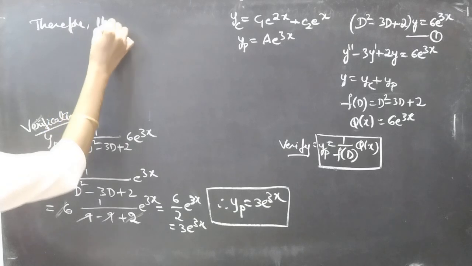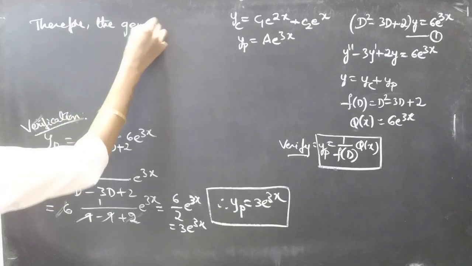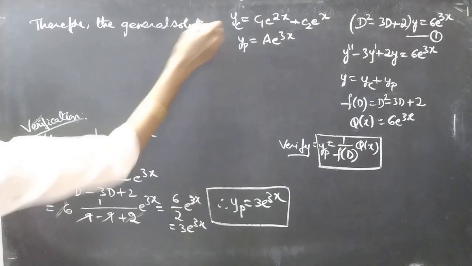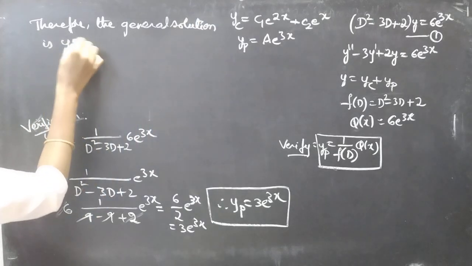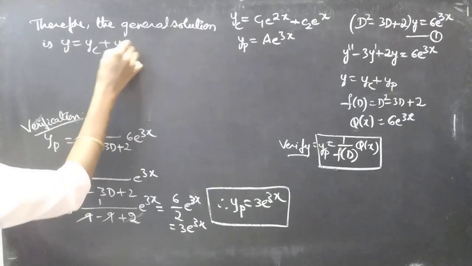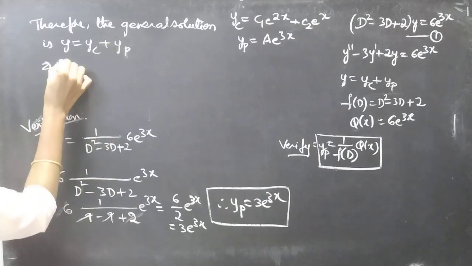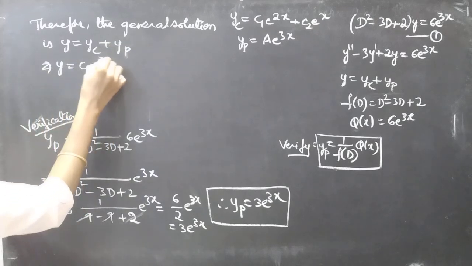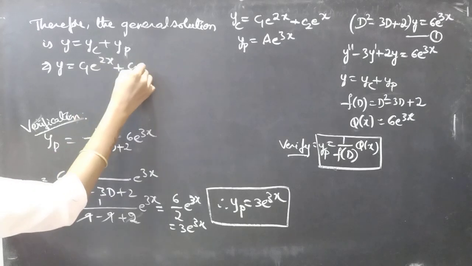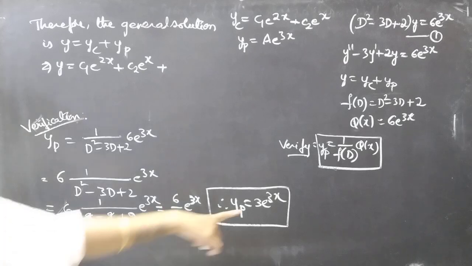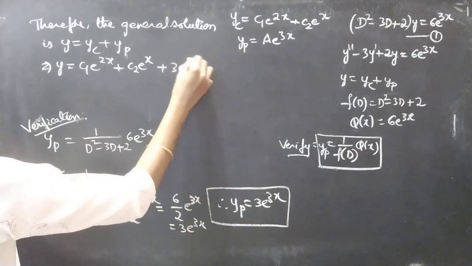Therefore, the general solution is given by y equal to yc plus yp. Then y equal to yc, c1 e power 2x plus c2 e power x, plus yp, 3 e power 3x.